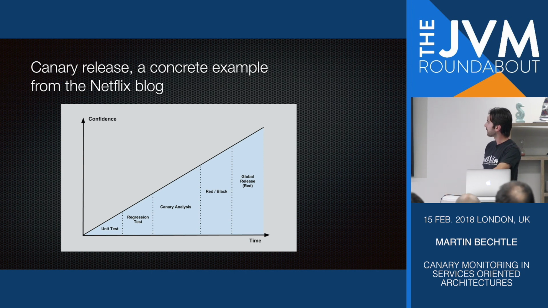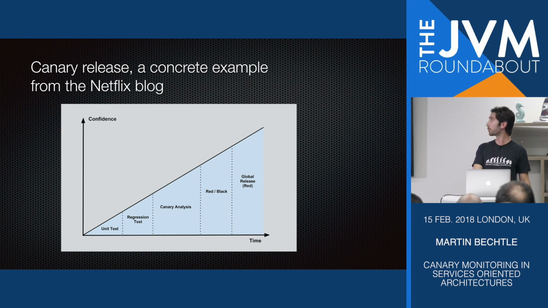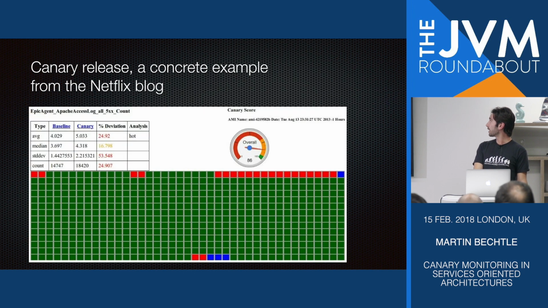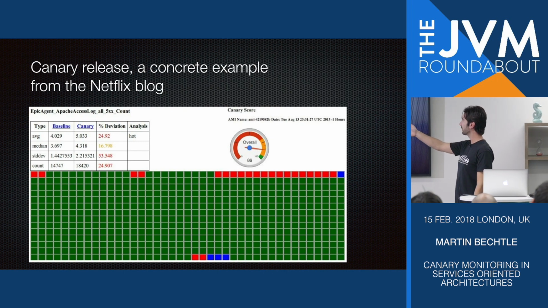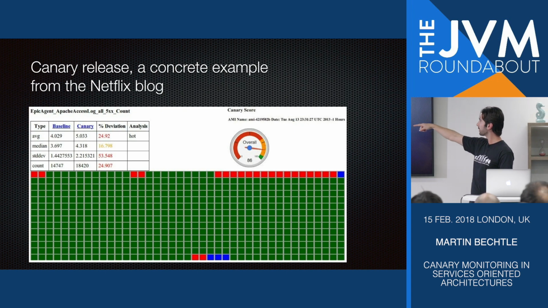So what the Canary analysis does is essentially they direct 1% of the traffic in production to a small cluster with all the new services that they want to release to production. And because they have very advanced metrics, they can compare the metrics between the baseline, the current production environment taking 99% of the traffic, and the Canary environment, which is taking 1%.